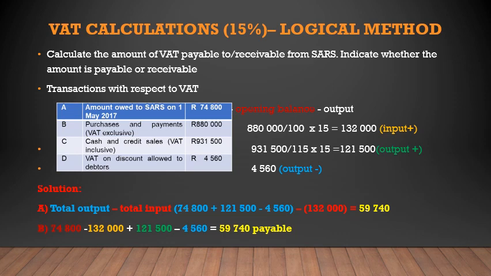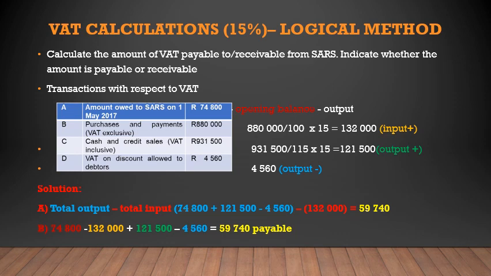So the first method, previously we have shown you transactions which increase or decrease input, transactions which increase or decrease output. So for this transaction, you first calculate your total output. We have 74,800 plus 121,500 minus 4,560. Then you also calculate separately your total input. In this case, it is only 132,000. Then amount payable to SARS.